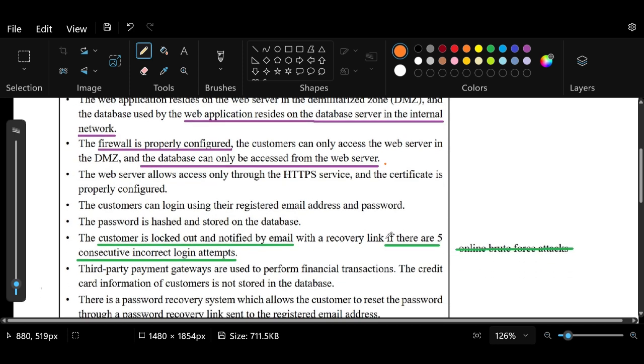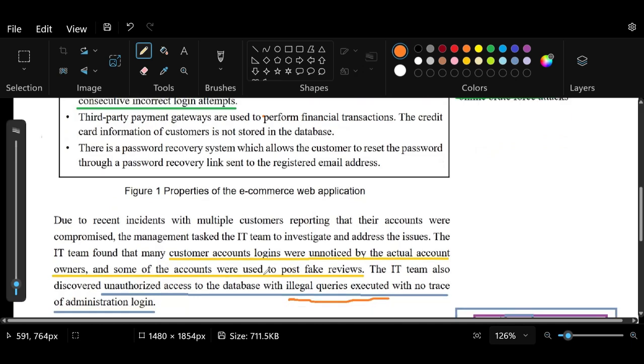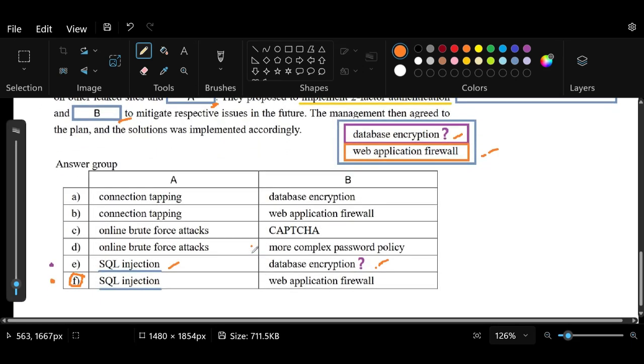And some of the other stuff too that I would like to point out is the part about a customer being locked out and notified by email if there are 5 consecutive incorrect login attempts, which definitely solves the problem of online brute force attack. I think this is one of the choices that we got for blank A. So if you were thinking that what if it's not SQL injection, what could it be?